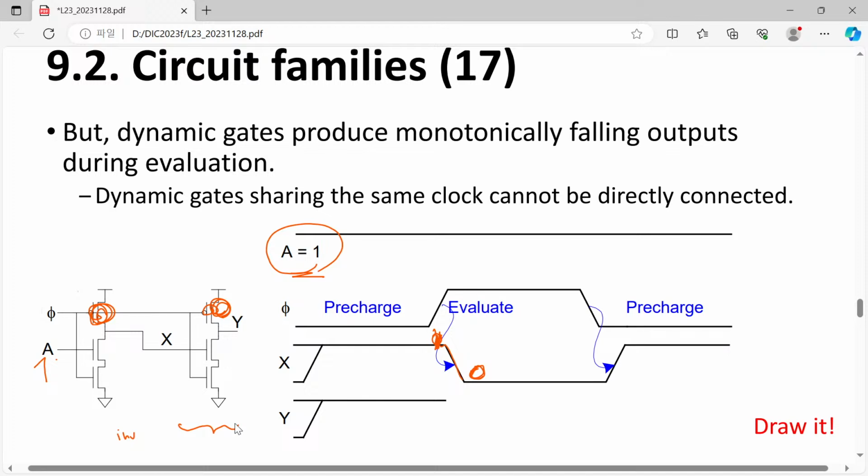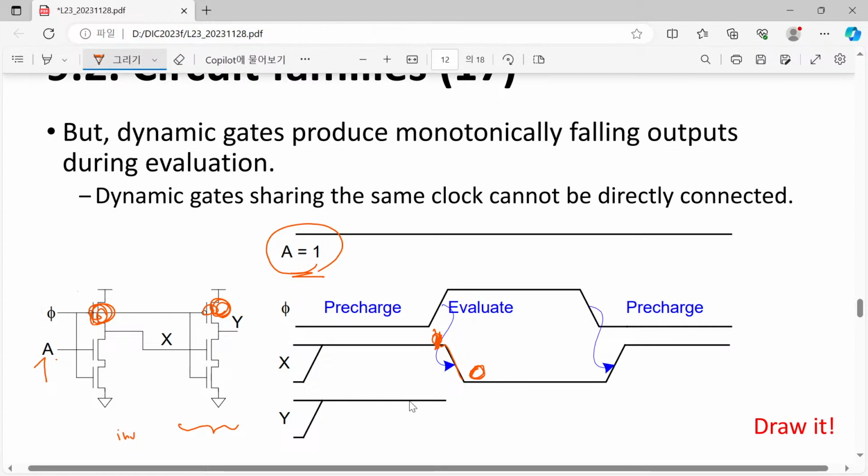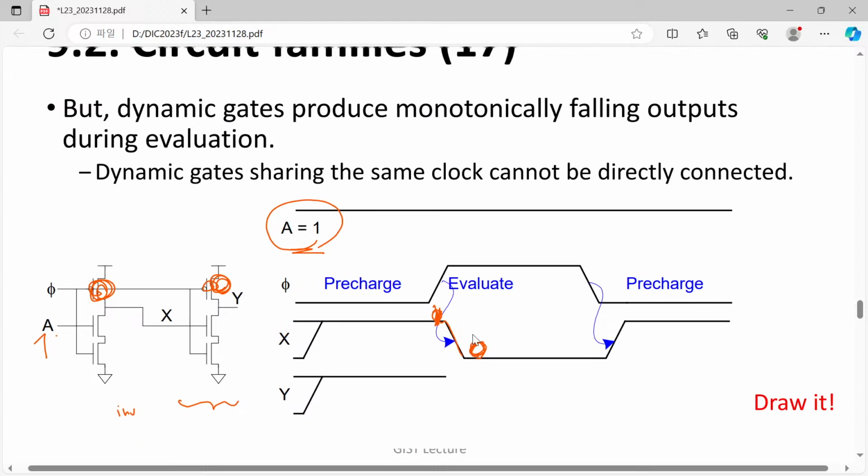Now your y value is 0, and since your x now becomes 0, in this phase we still have the discharge phase.